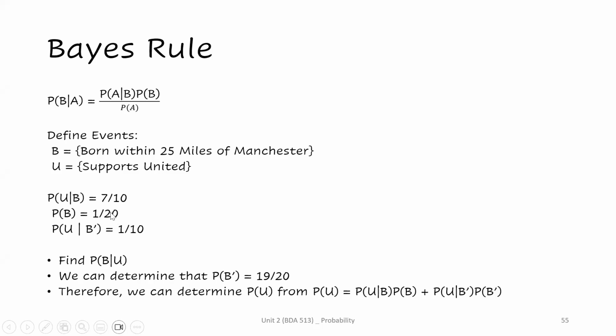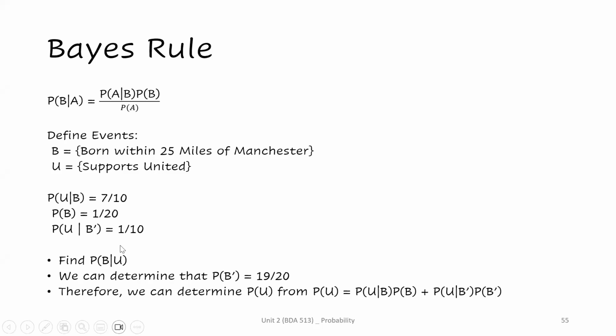What is the probability that somebody was not born within 25 miles? You take 1 minus 1 over 20, and that gives you 0.95, which is 19 over 20.